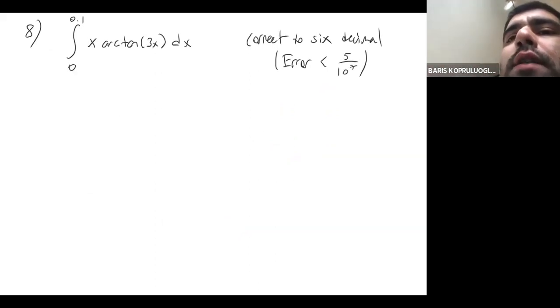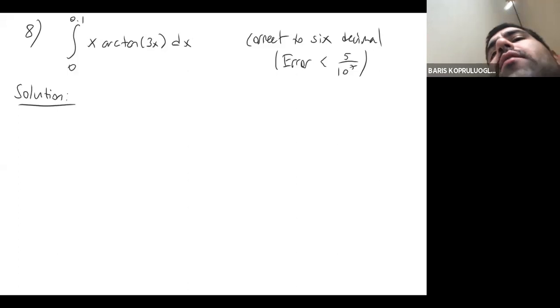So I think you should start with arctangent. What is the power series representation of arctangent? And then arctangent of 3x. Well, actually, we can directly find the power series of arctangent of 3x.